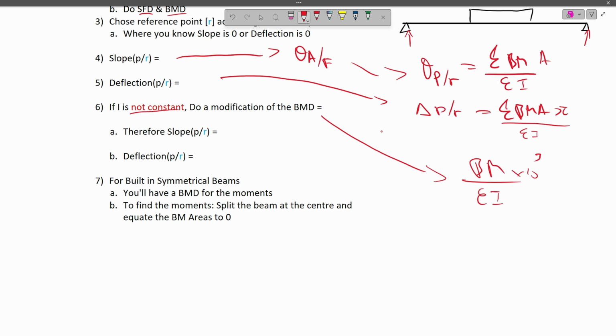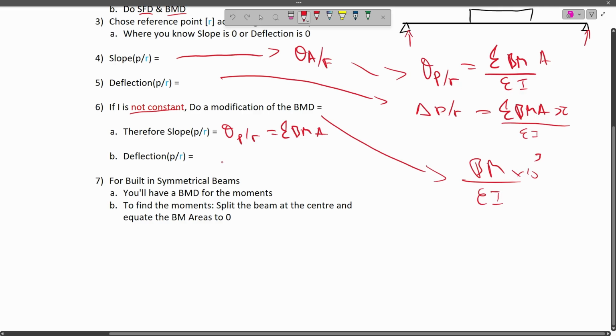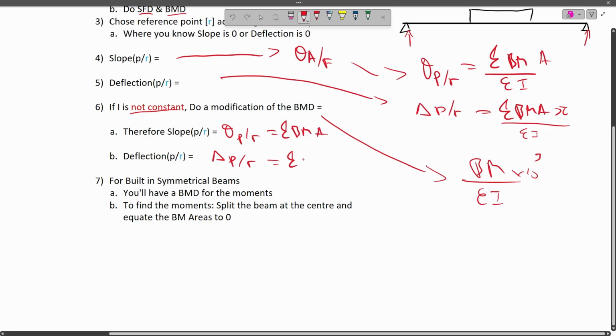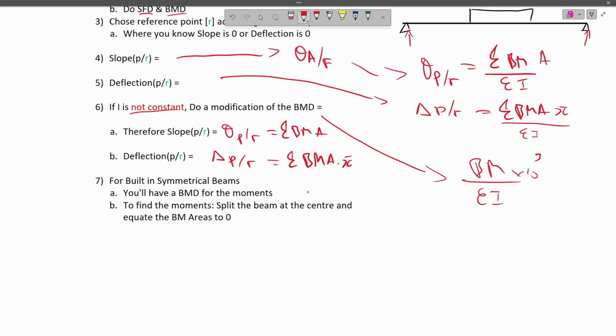And then after modifying, our slope at the reference point will basically equal the bending moment area. And then our deflection is going to be the sum of the bending moment area times our centroid.